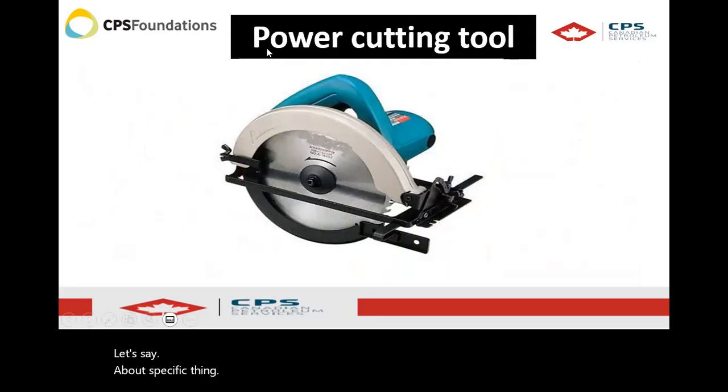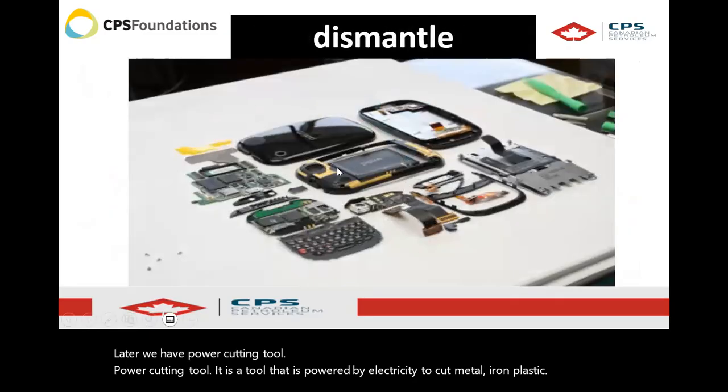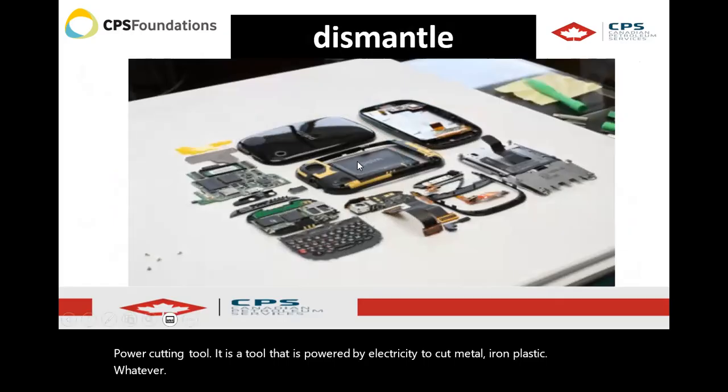Later, we have power cutting tool. It is a tool that is powered by electricity to cut metal, iron, plastic, whatever. Next, we have a verb, dismantle.